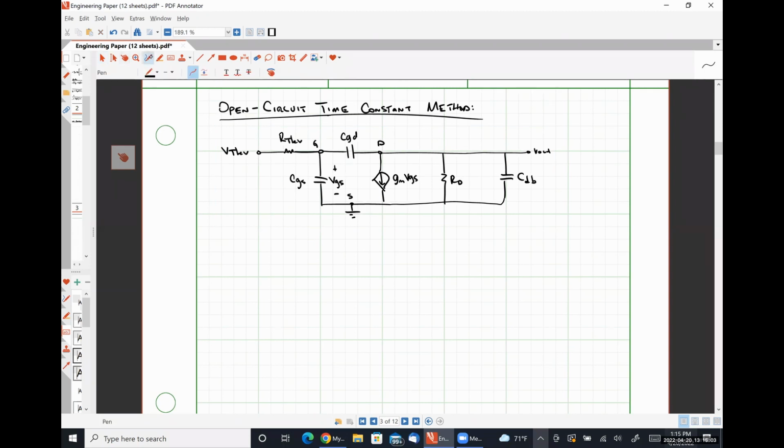So it's this representation to which we're going to apply our open circuit time constant now. Okay. So first, we're going to look at what CGS sees.